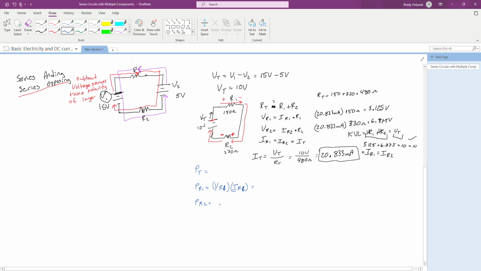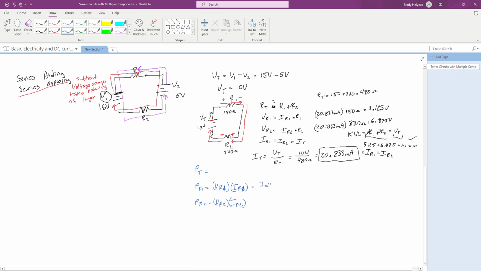And then this one's going to be the voltage of R2 times the current of R2 to solve for the power of R2. Again, this is very important to make sure that when you're labeling things, to label them correctly. It does happen from time to time, but just make sure you're being slow and careful. So voltage of R1 times current of R1.